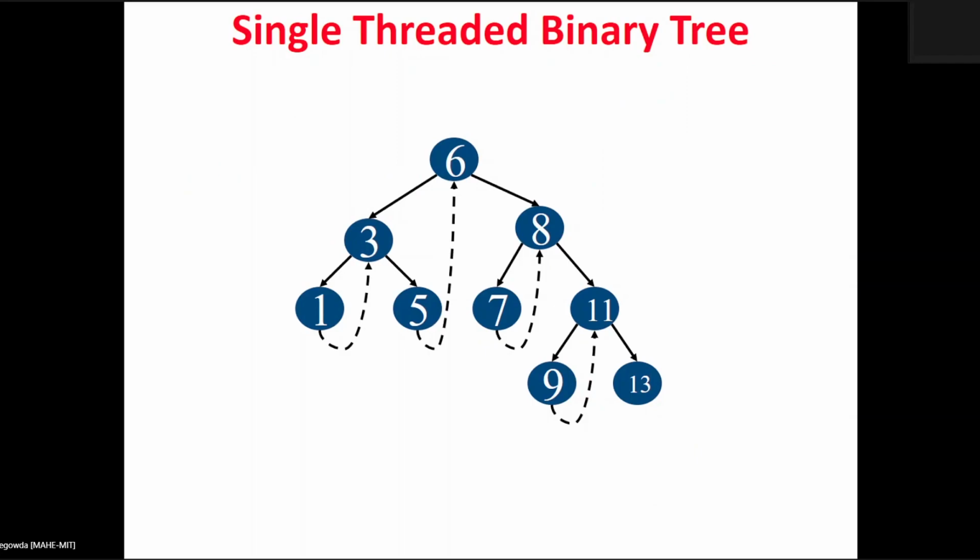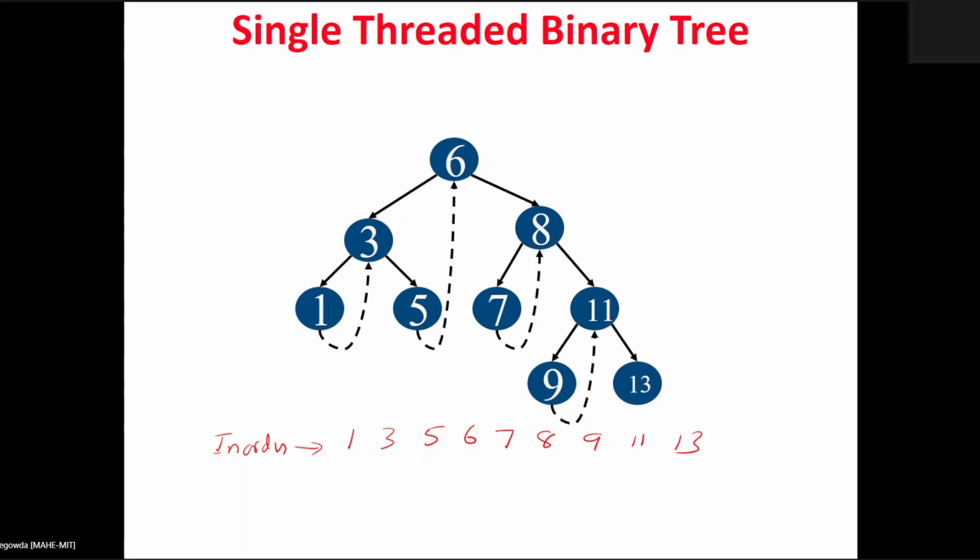Now let us consider this example of a threaded binary tree. Suppose I traverse this binary tree using the in-order traversal method, the output will be 1, 3, 5, 6, 7, 8, 9, 11, and 13.